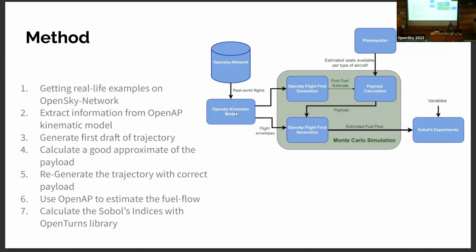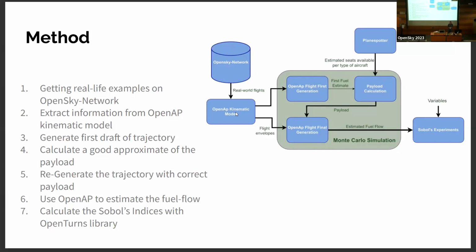We needed a lot for the simulation, for the Monte Carlo simulation. This first draft was used to have a first estimate of the fuel that was needed to fly this flight. And we use this first fuel estimate to calculate the takeoff weight of the flight.